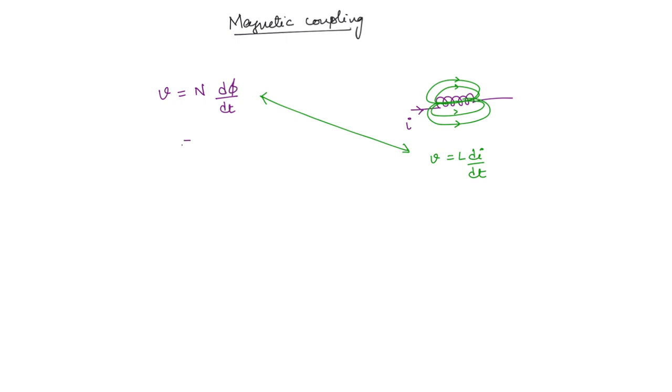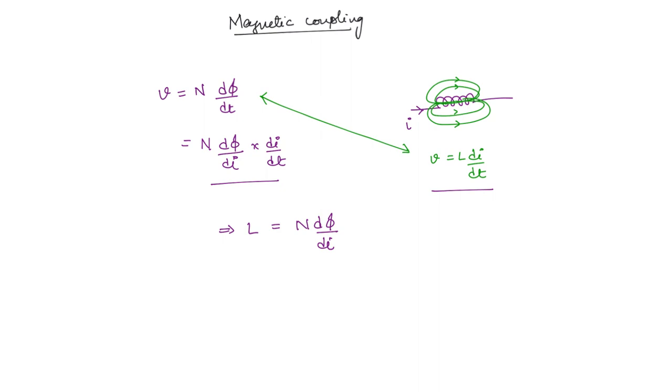V is equal to N d phi by dt, you can write as N d phi by di into di by dt. Here di is both the multiplication as well as the division term. Now if you compare this with the relationship V is equal to L di by dt, you can see that the inductance L can be written as N times d phi by di.